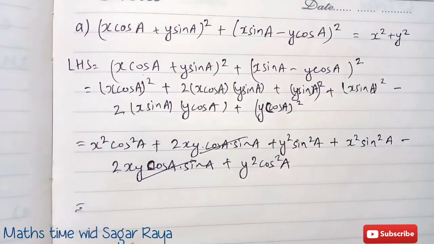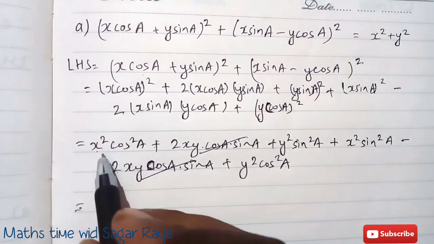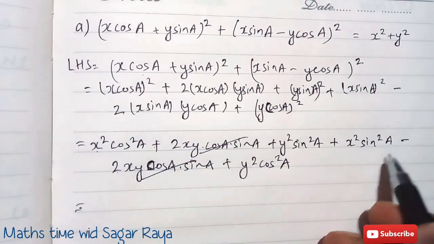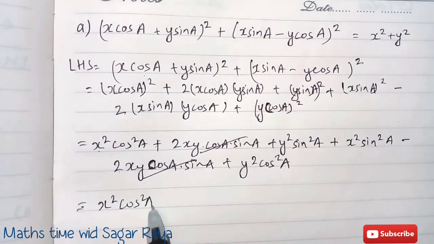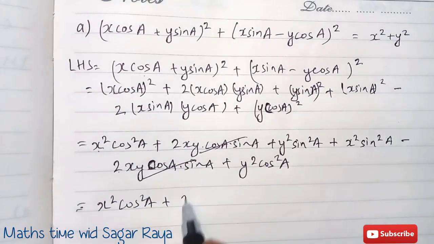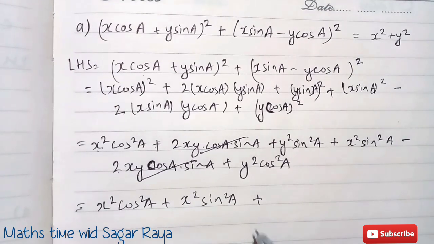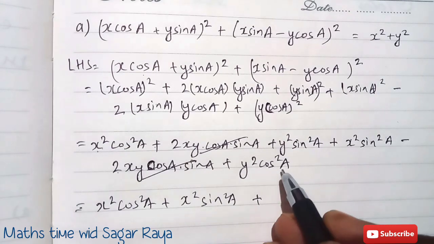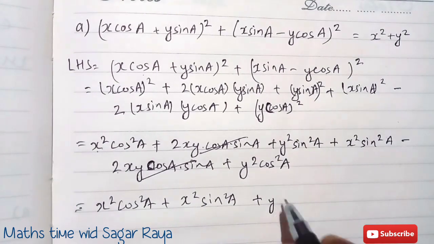Now x square cos square A and x square sin square A, write in one place. So x square cos square A plus x square sin square A plus y square sin square A and y square cos square A in the same place, one next to another.